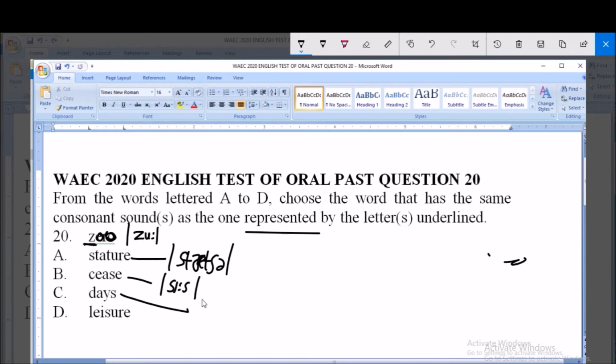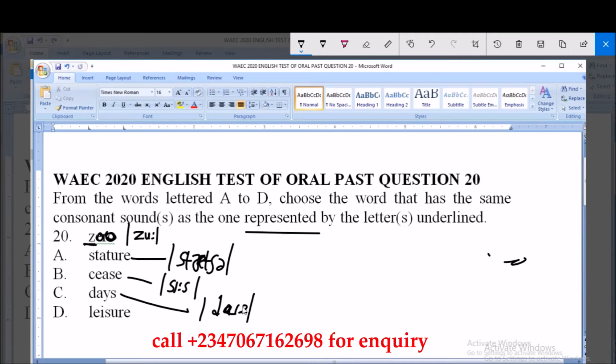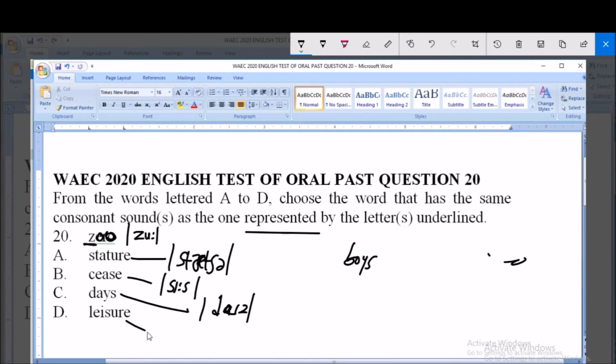Option C is pronounced as days, as also in the word boys, days. Option D is pronounced as leisure.